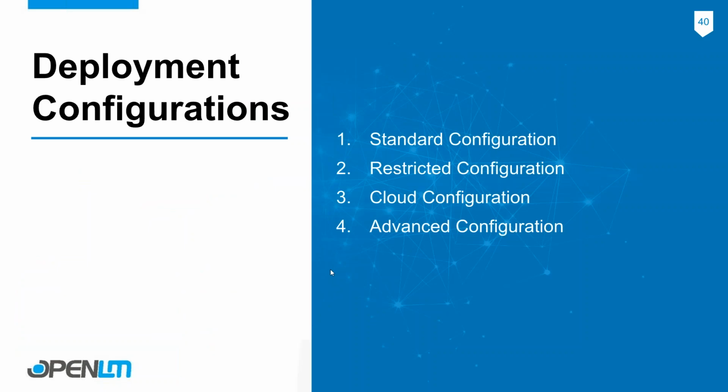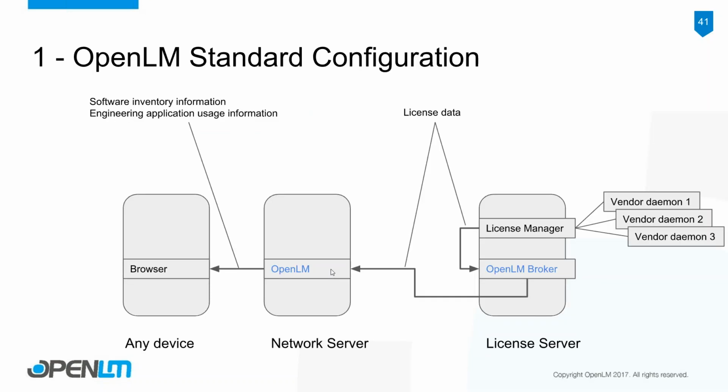Now, we've taken a look at the OpenLM core system, but now let's take a look at how it's deployed on the organization. We have 4 options here: the standard, restricted, cloud, and advanced configuration.